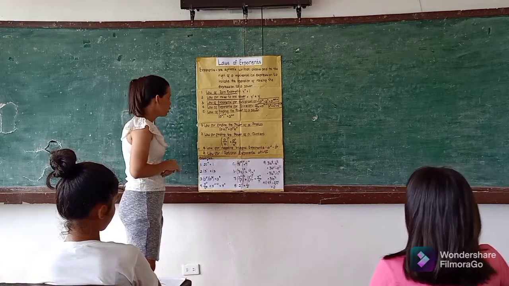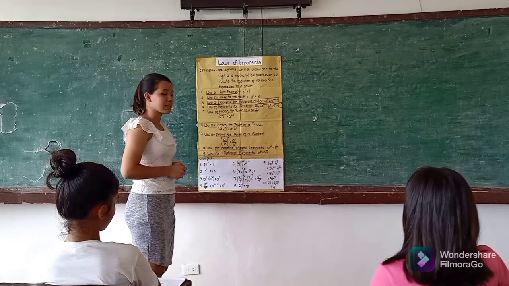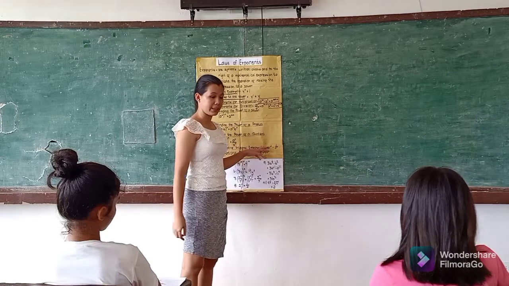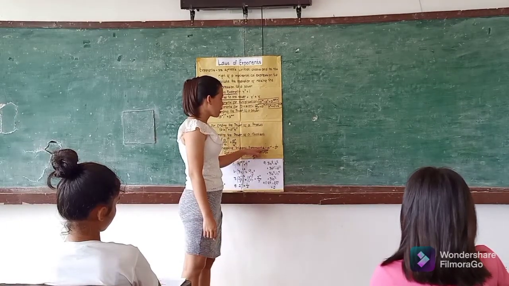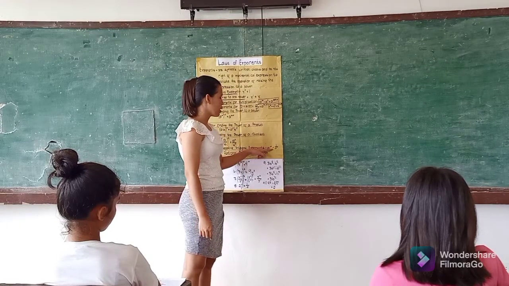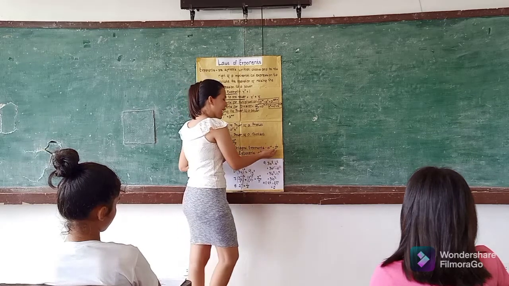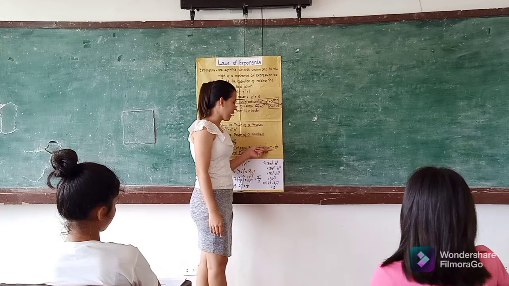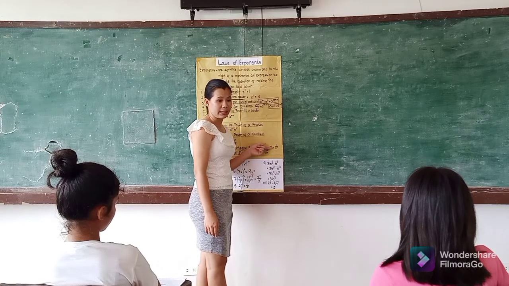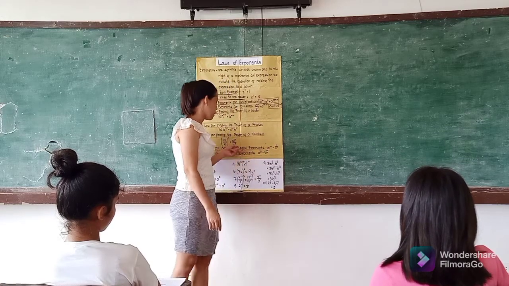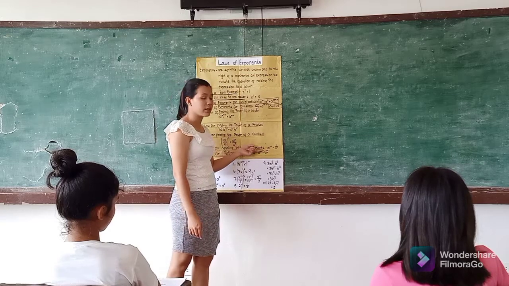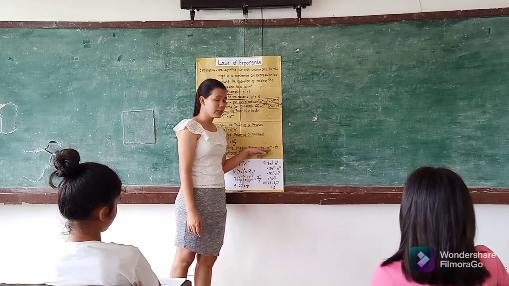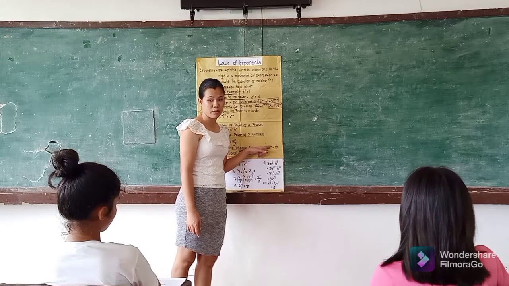Next law: the law for negative integral exponent. Here we are dealing with a negative exponent. A raised to negative n is equal to 1 over a raised to n. When you have a negative integral exponent, you just find the reciprocal of the number or the variables.